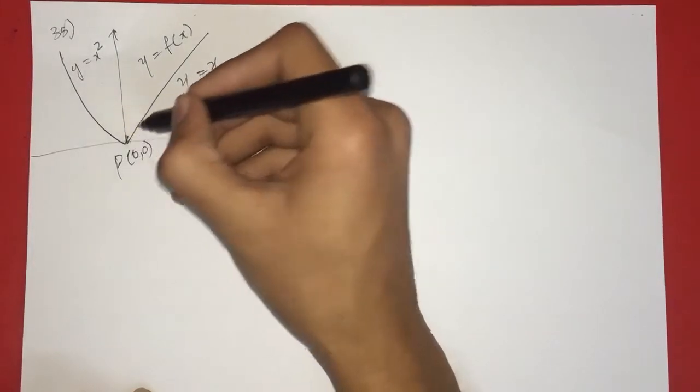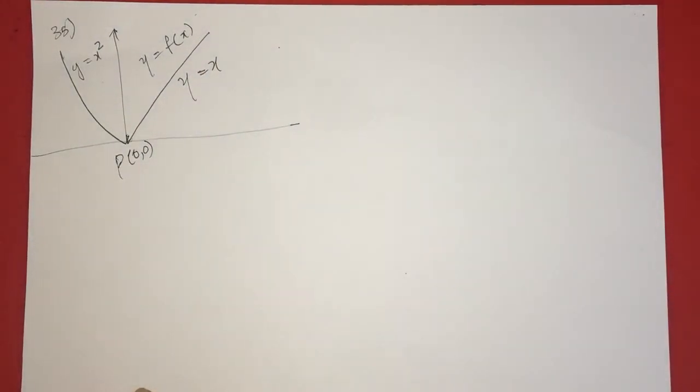This point is P, 0 0. Alright, so this was the 35th question, and you find the derivative of this question by using the normal definition of derivative.